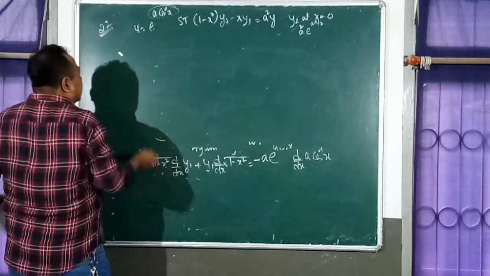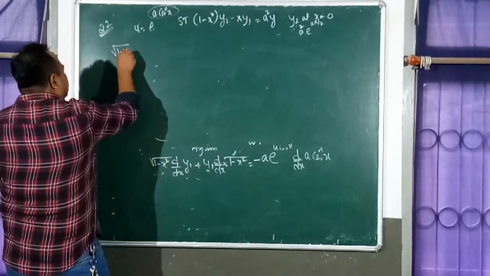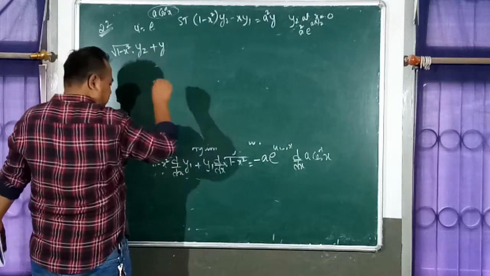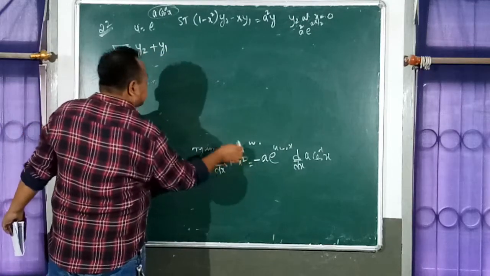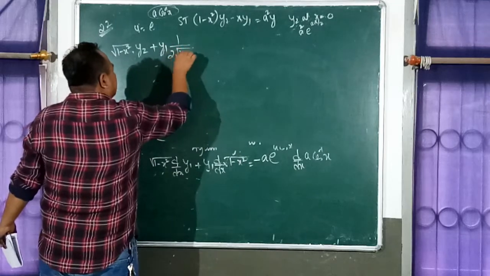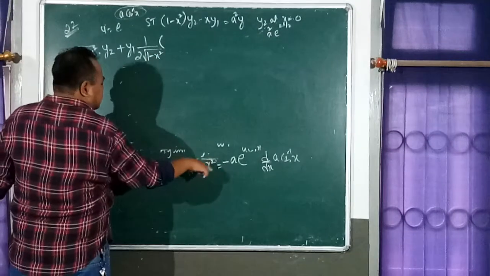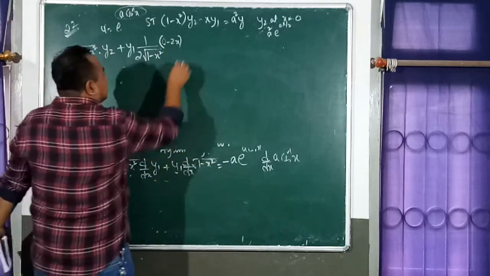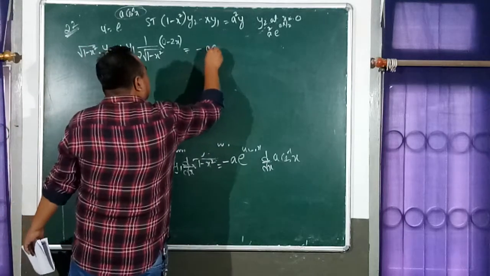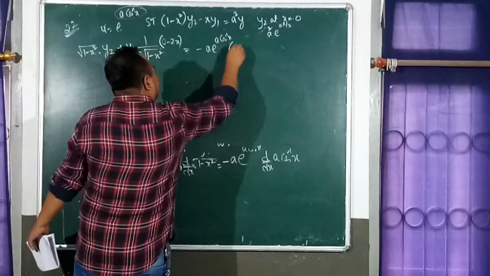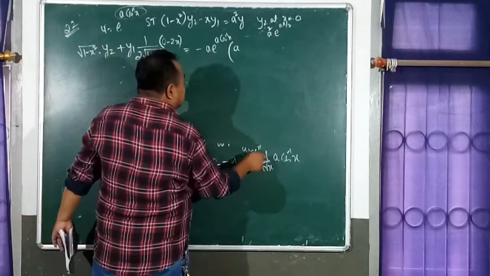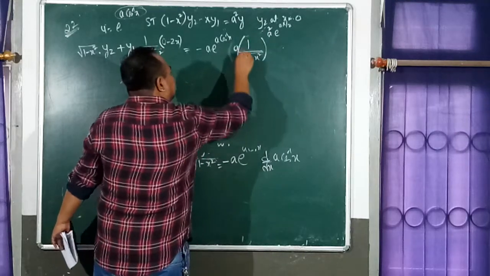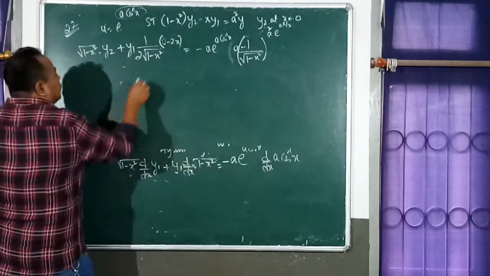Now the final part: root 1 minus x squared as it is, differentiation of y1 will be y2, plus y1 as it is, differentiation of the root is 1 by 2 root 1 minus x squared, but this is just an assumption, the part inside the root is 1 minus x squared, so differentiation of 1 is 0 and x squared is 2x, equal to minus a e to the power a cos inverse x, a as it is, a is a constant so it comes out, and the differential of cos inverse is 1 by root 1 minus x squared with a minus sign.